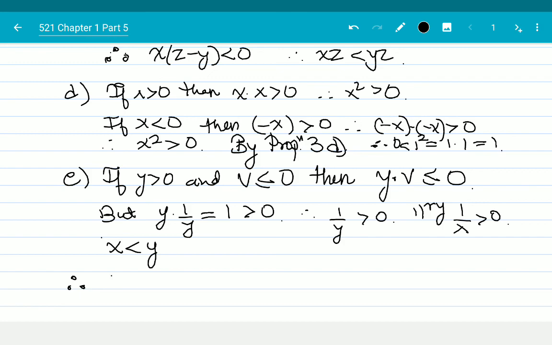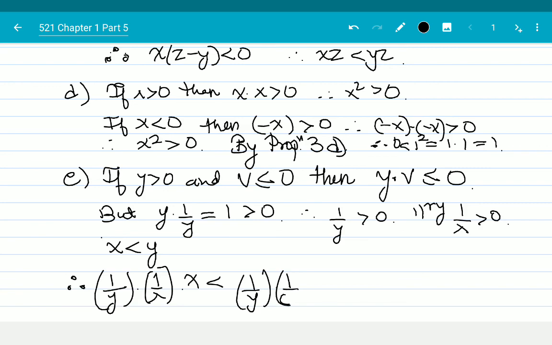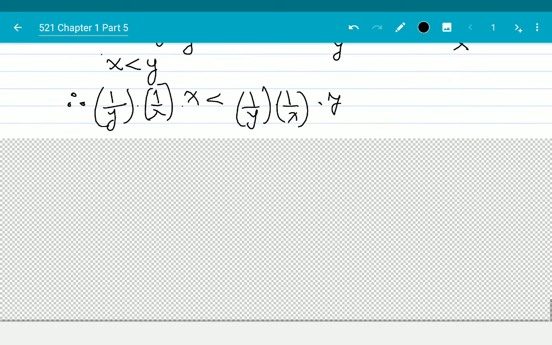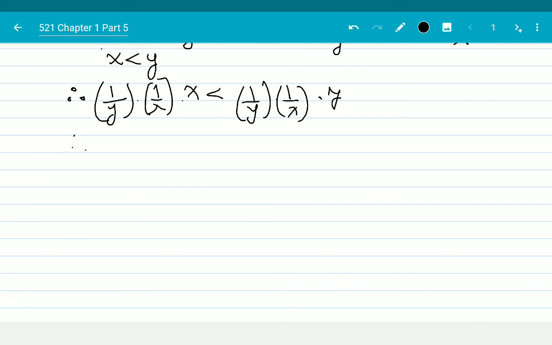Therefore, 1 over y times 1 over x times x is smaller than 1 over y times 1 over x times y, and here the commutativity is important. Therefore, 1 over y is smaller than 1 over x as required, and that proves the final property.